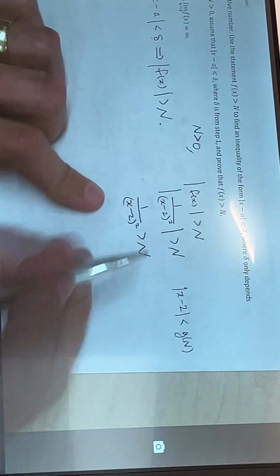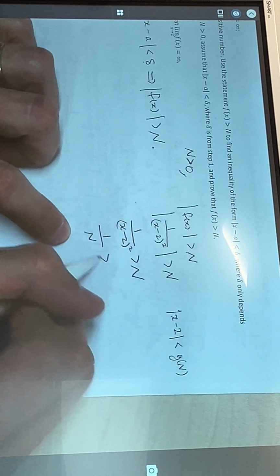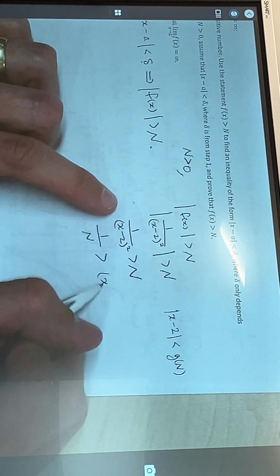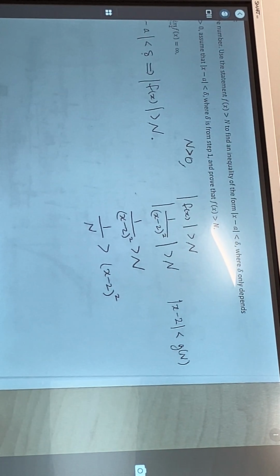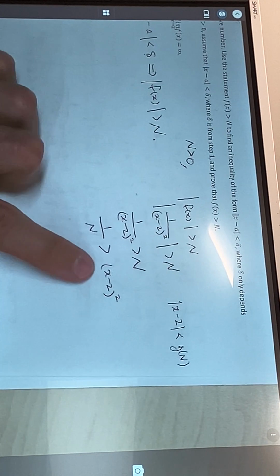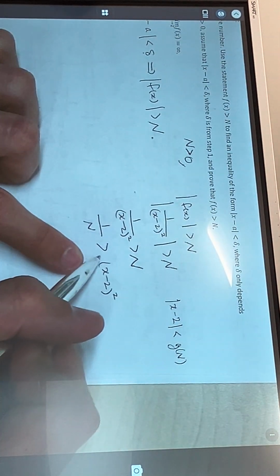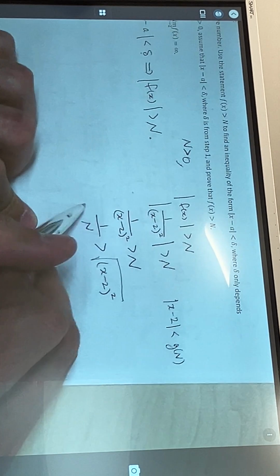Looks pretty nice. What if we divide by n and we multiply the x minus 2 squared over here? And then we need to take square root. But if we take square root, this is going to be a little bit odd.